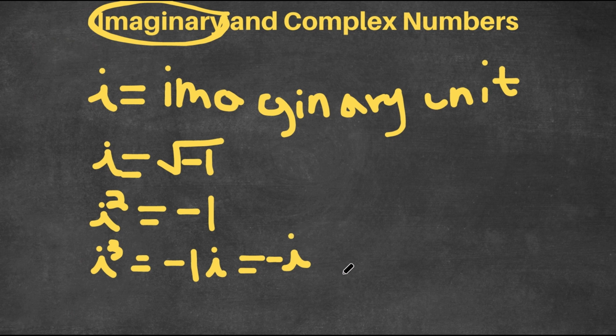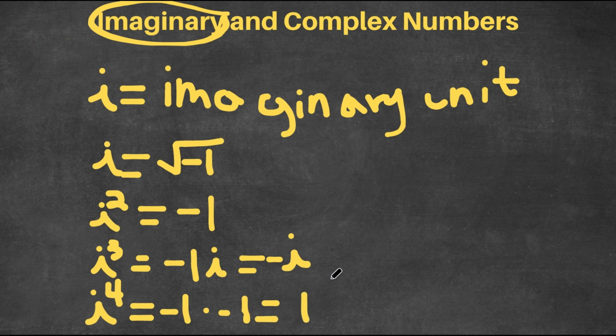So i to the power of 3 is -i. And i to the power of 4 is going to equal i squared times i squared, meaning -1 times -1. And this means that this equals +1.